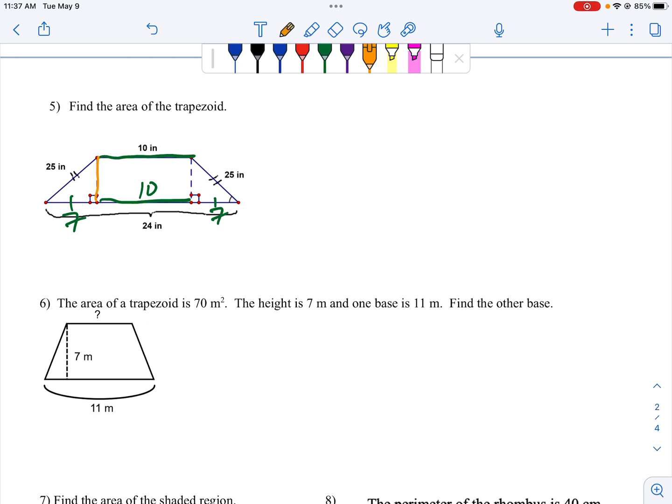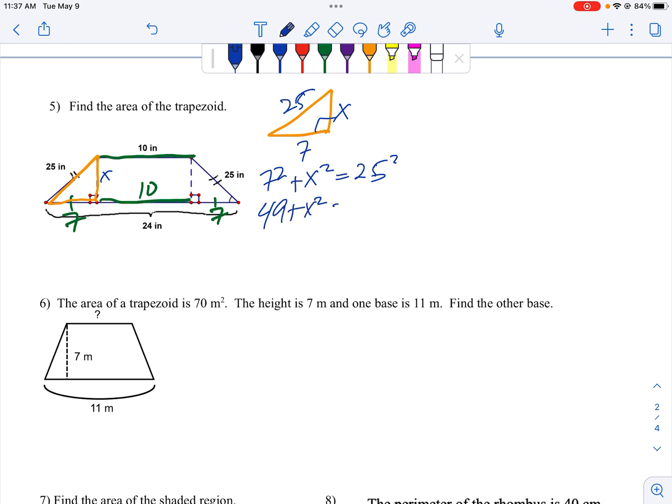If I want to find the height of my trapezoid, I need to look at that special, beautiful right triangle. I got 7, I got X, and I got 25. This is a triple if you know your triples. If not, let's do some math. So 7 squared plus X squared equals 25 squared. 7 squared is 49 plus X squared equals, I think it's 625.